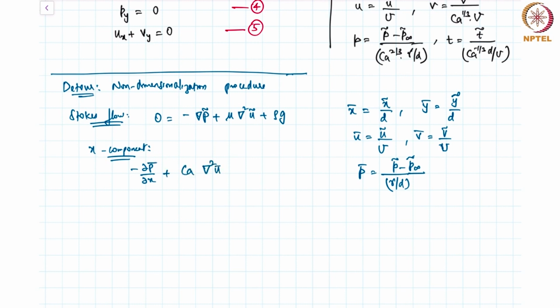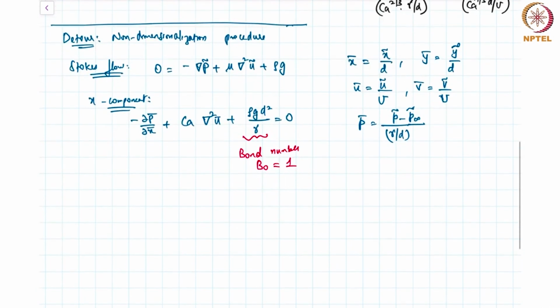these are all variables with a bar, plus rho G d square by gamma is equal to 0. This number can be called the Bond number, often written as Bo, and we'll set it to be 1 without any loss of generality.